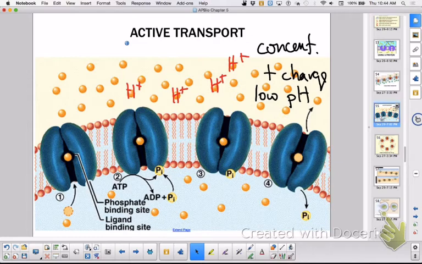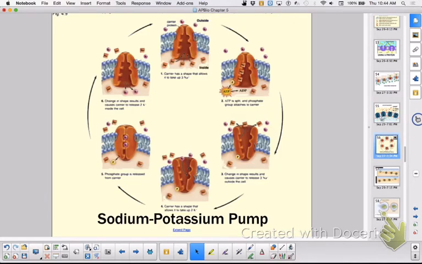Okay, now here is your sodium potassium pump. This picture is too small for you to really see it from there, but let me tell you what happens. You pump three sodiums outside of a neuron for every two potassiums inside a neuron.